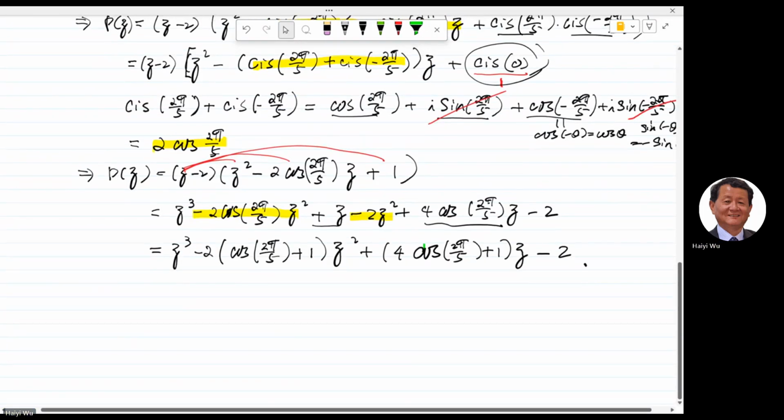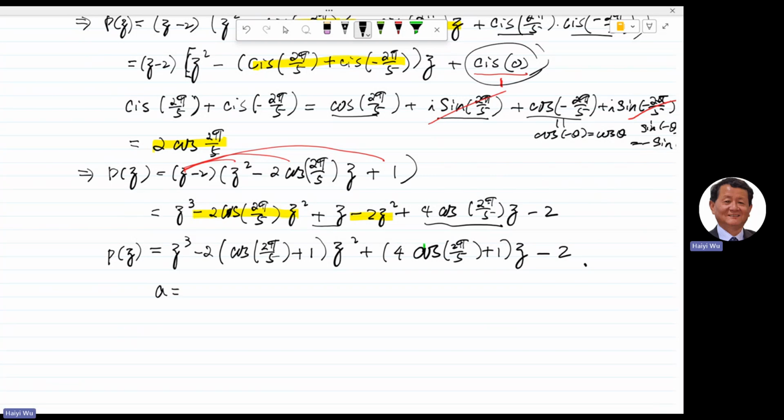So now we find that's my P(Z). So my a is this. B is 4 cosine 2 pi divided by 5 plus 1, then C is negative 2. That's it. That's the expanded form. So we find the A, B, C.